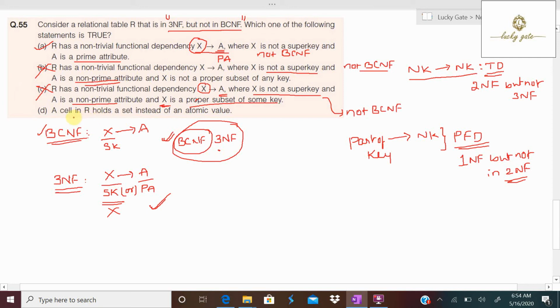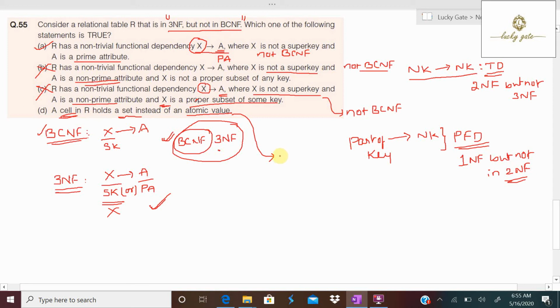Now coming to option D, an attribute of a relation holds a set instead of atomic values. For this option it is very clear that the attribute contains a set of values, not atomic values. But every relation in the relational model needs to contain atomic values.